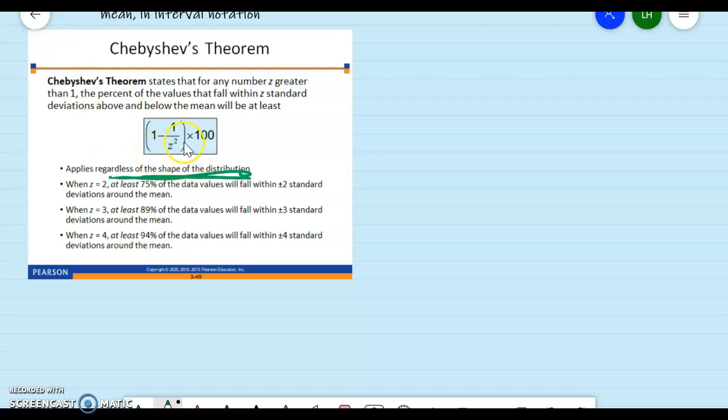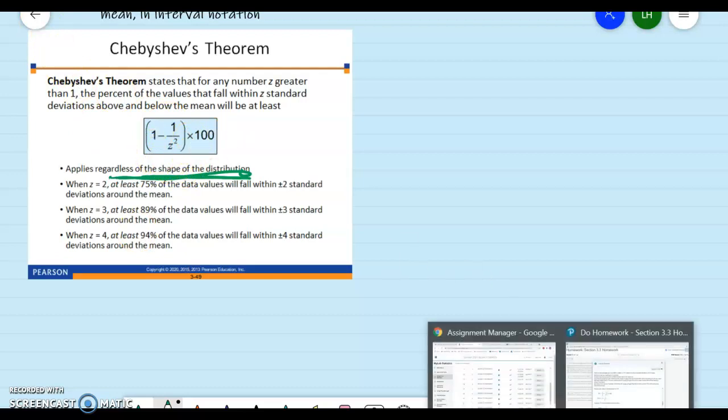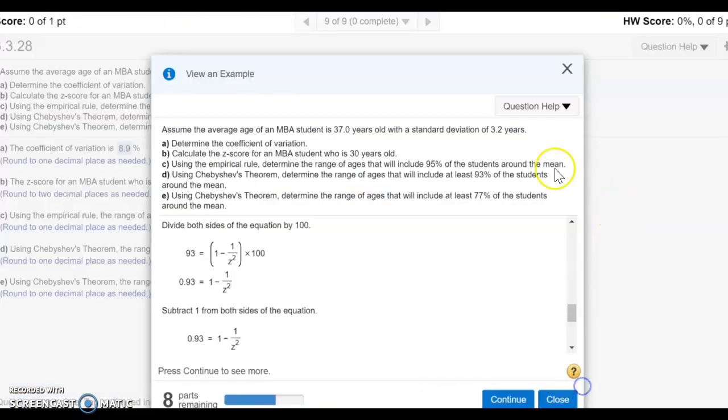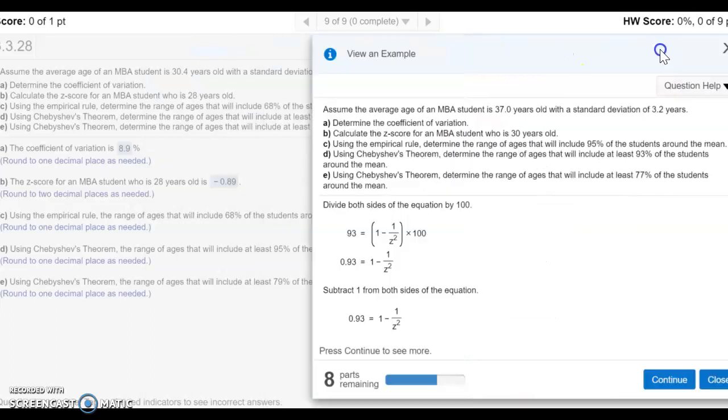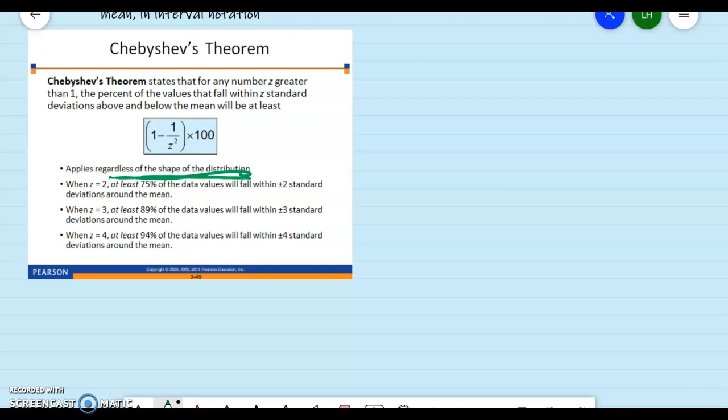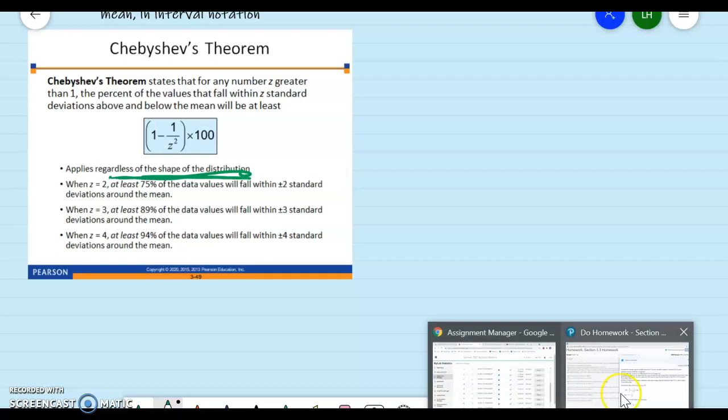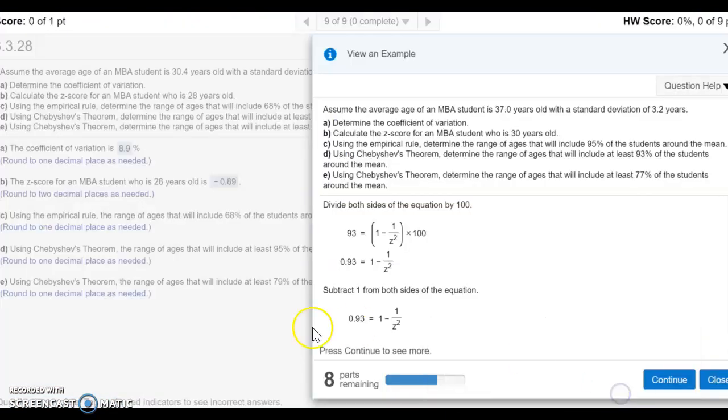But here we're working backwards when we're using this formula, because in part D we are looking for the range for 95%. So I'm just going to show you how to set this up with it already solved out the way that you need it to be.